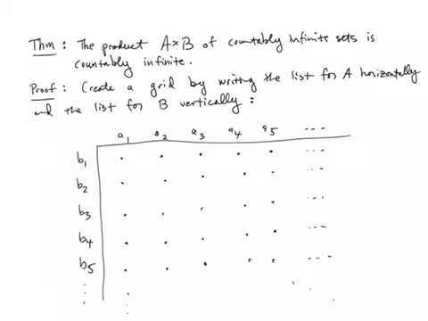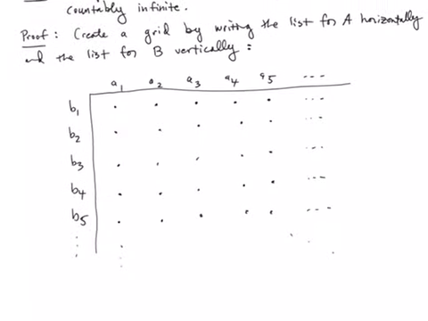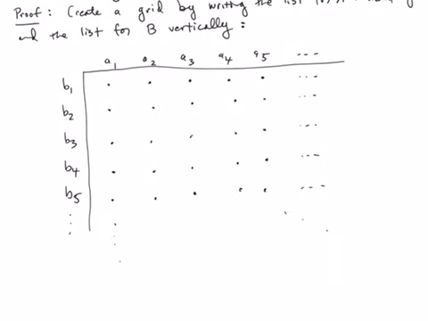And now to write them in a list, all you have to do is write down all of these points sequentially. Right? So you can't do something like go this way, so start your list like this, because you never get to the end, you never get to the second row. So that is not going to work.